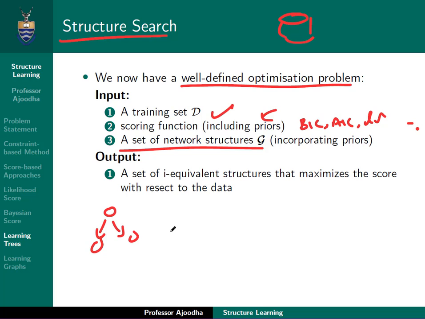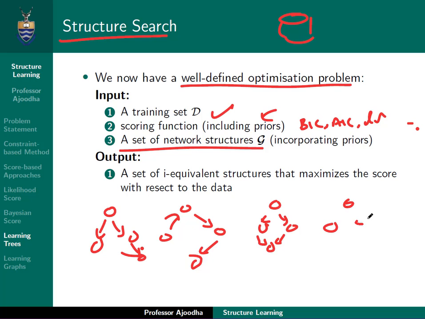So here's one structure, here's another structure, here's another structure, here's another structure. Lots of structures, so many structures. How many different structures can you have? Super exponential. Lots and lots of structures.